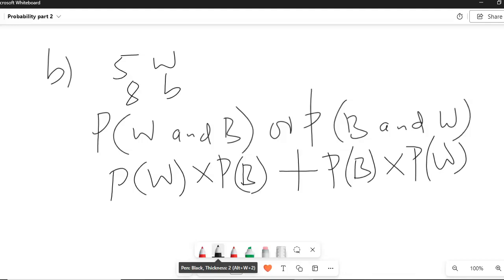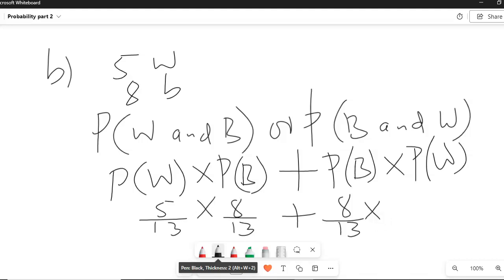In this case we are replacing, meaning for white we have 5 out of 13. We multiply by the probability of a black, which will be 8 out of 13. Now we return the white that we already picked to the bag, so the total number of balls does not change. Then we add the probability of black, 8 out of 13, multiplied by the probability of white, which is 5 out of 13.